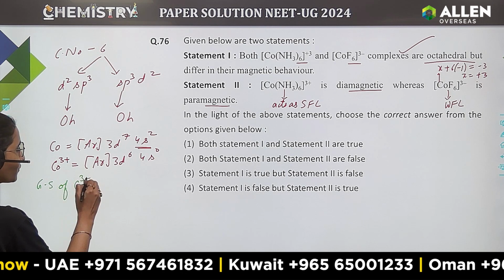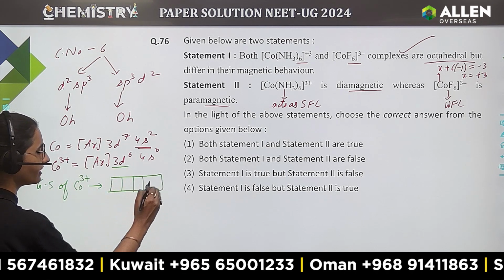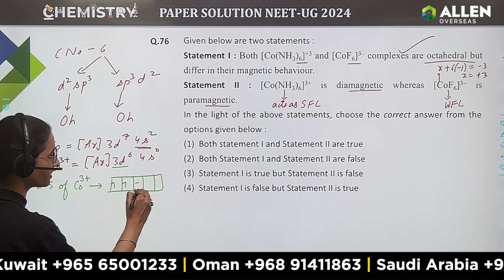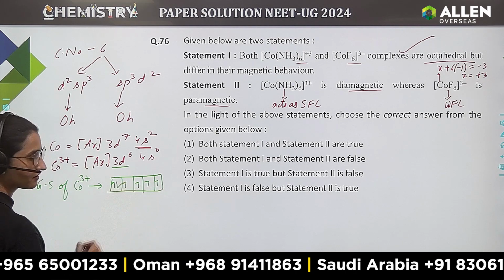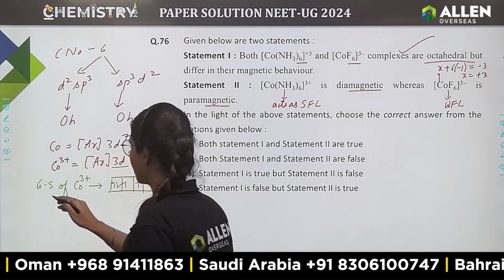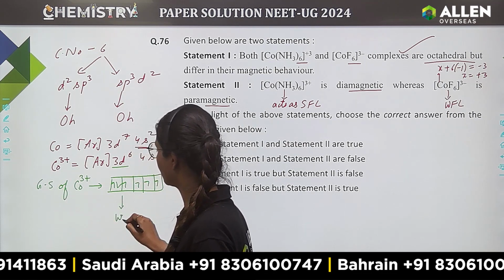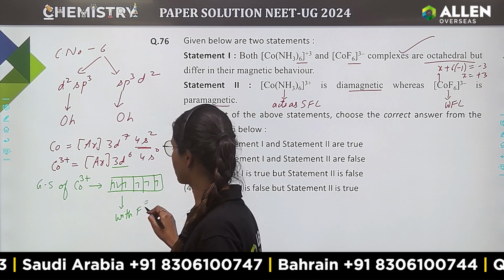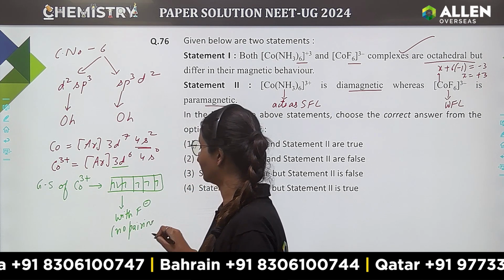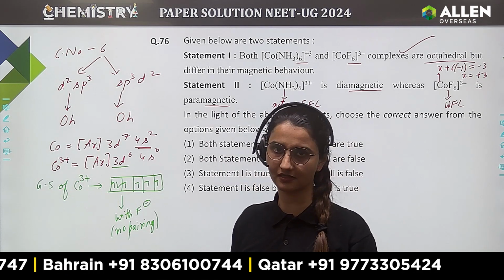How does it exist, students? 3d6 means you have to put 6 electrons in d. D has 5 orbitals. 1 electron, 2, 3, 4, 5 and 6. It exists like this. It will remain like this with F minus. No pairing. Why? Because F minus is your weak field ligand.